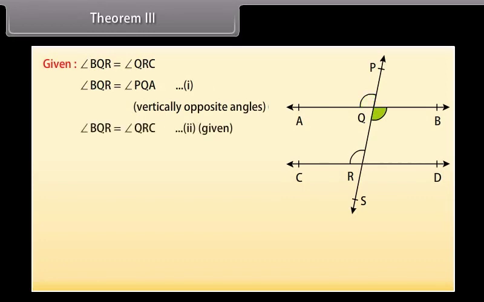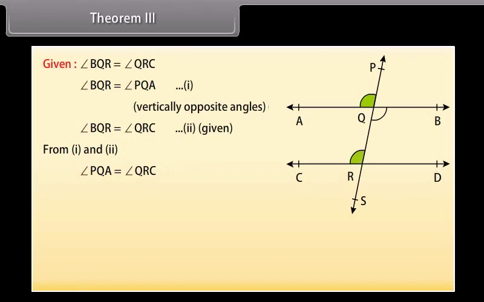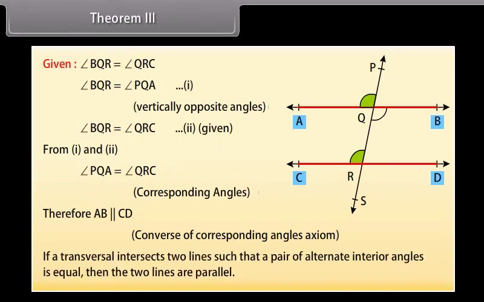But angle BQR is equal to angle QRC, given. Mark it as 2. So, from 1 and 2 you may conclude that angle PQA is equal to angle QRC. But they are corresponding angles. So AB is parallel to CD, by the converse of corresponding angles axiom. This result can be stated as a theorem: if a transversal intersects two lines such that a pair of alternate interior angles is equal, then the two lines are parallel.